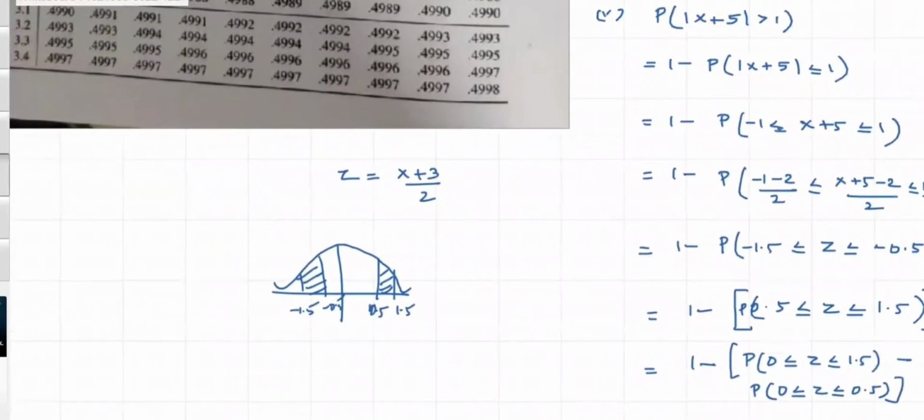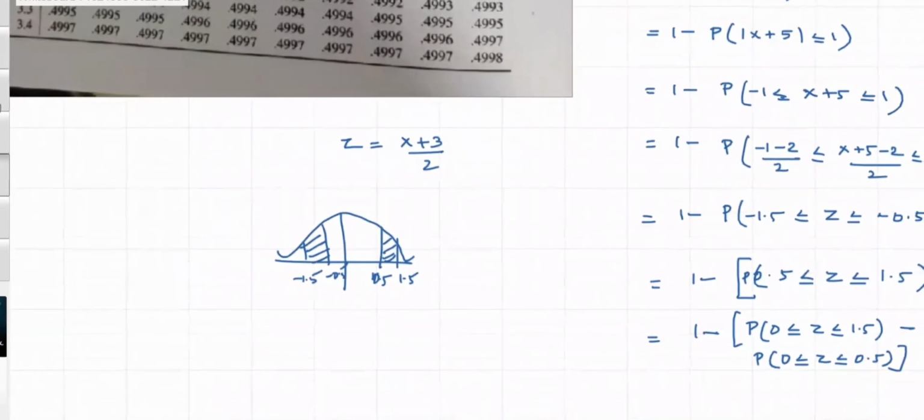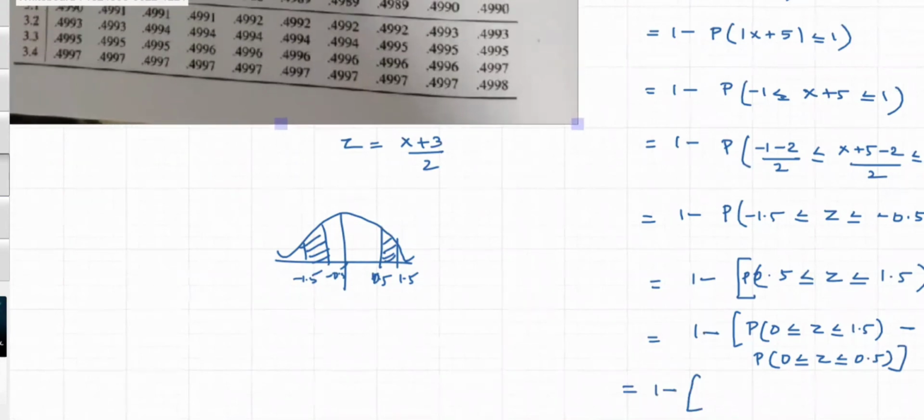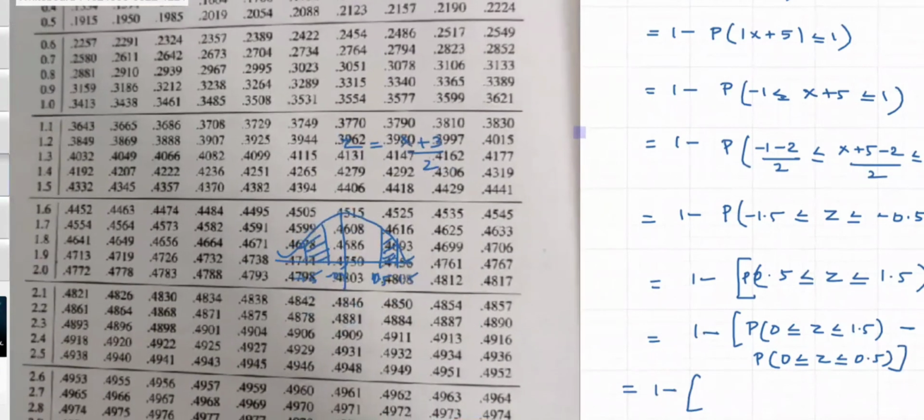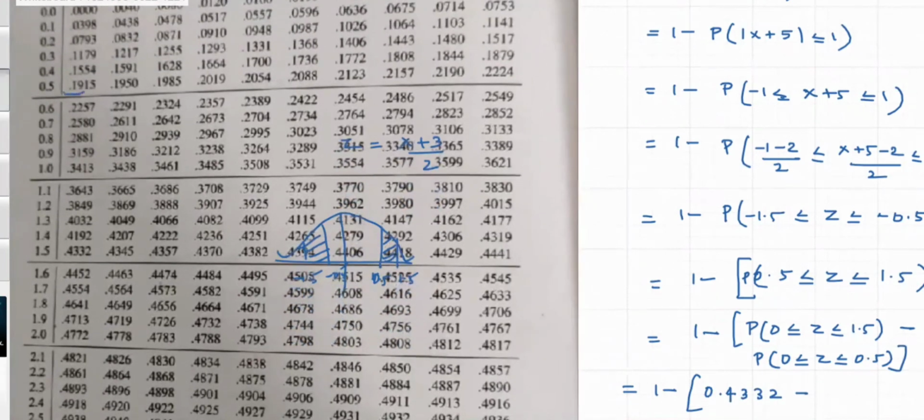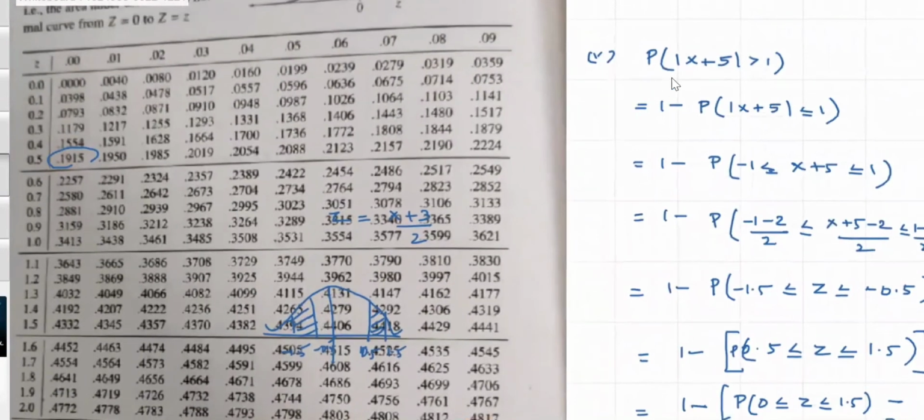Now let's read the values. The 1.5 value is 0.4332, minus the 0.5 value, which is 0.1915. So this is the probability that mod of x plus 5 is greater than 1.